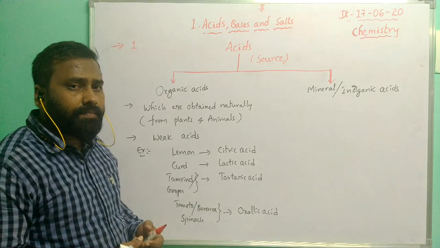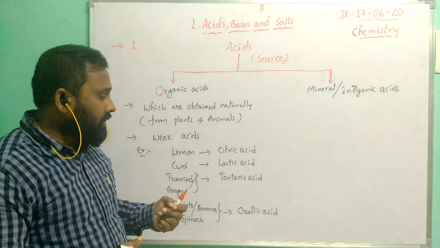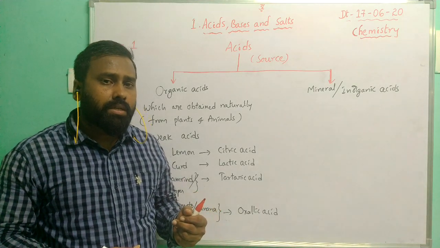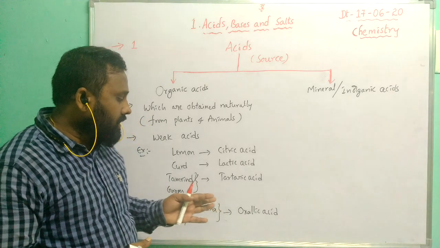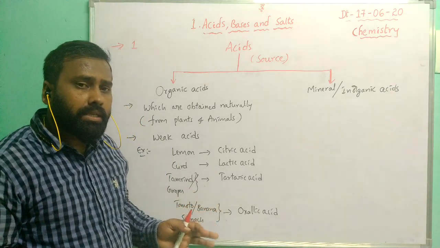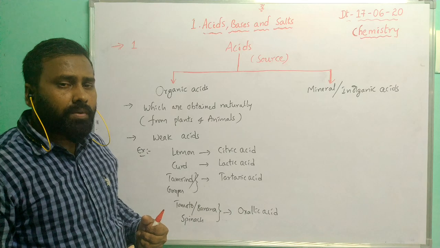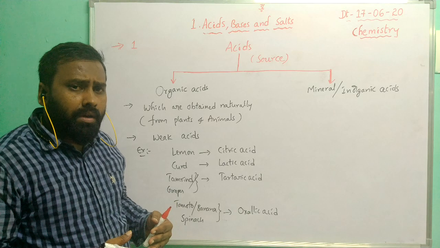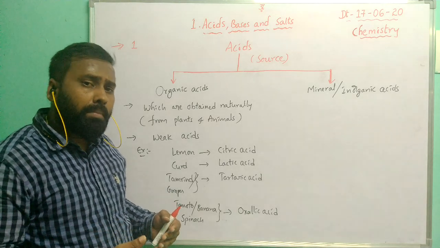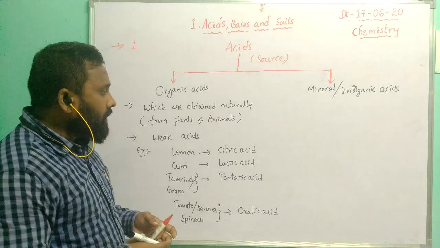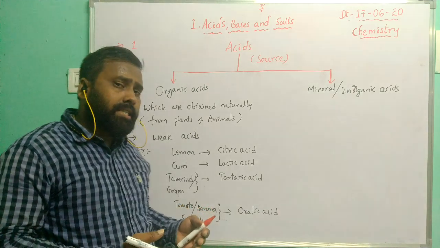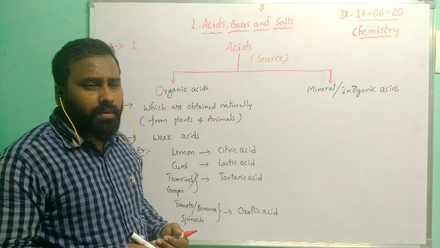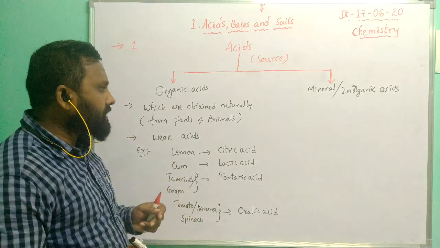And apples are called malus fruits in the Greek language, so the acid present in apples is malic acid. Palm oil contains palmitic acid, ascorbic acid is present in amla, and butyric acid is present in rancid milk. These are the examples of organic acids.